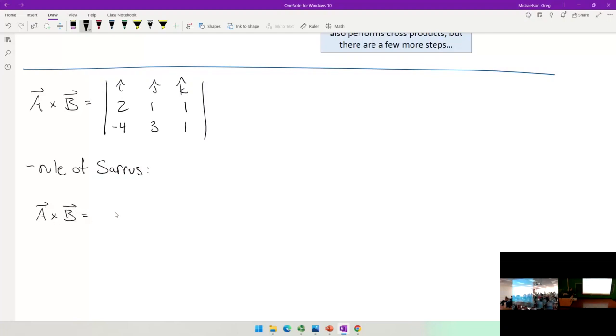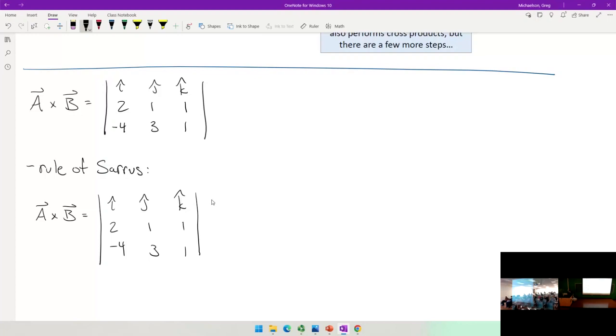So the way the rule of Sarrus works is we take I, 2, negative 4, J, 1, 3, K, 1, 1. And what we do is we rewrite the first two columns next to it.